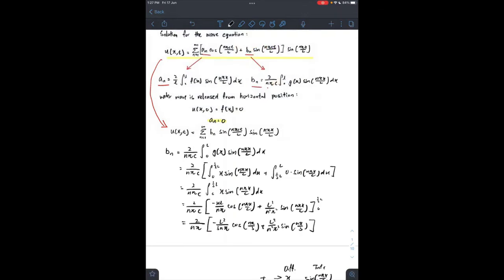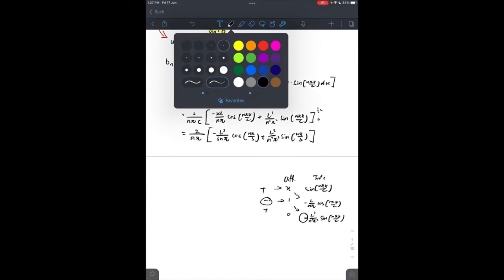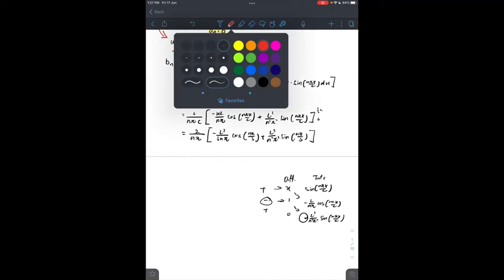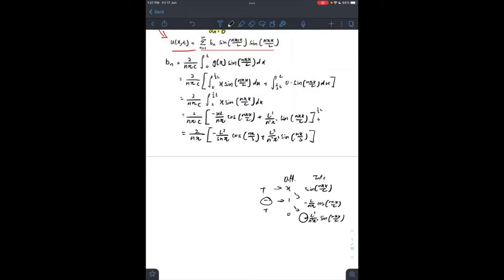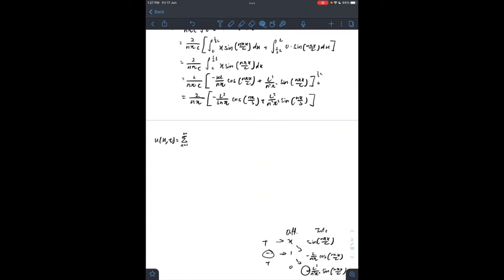So for the final solution, what we need to do is substitute the bn's into this formula. So u(x,t) equals to, okay, then we continue to substitute the bn into it.